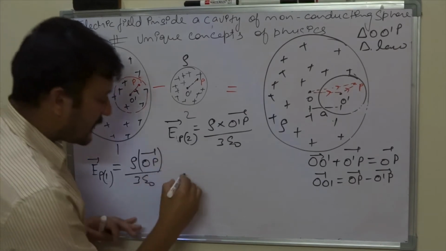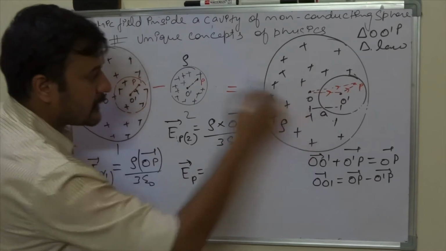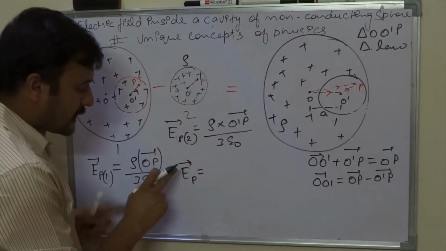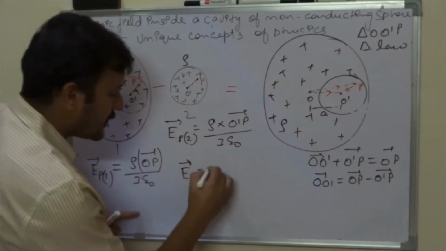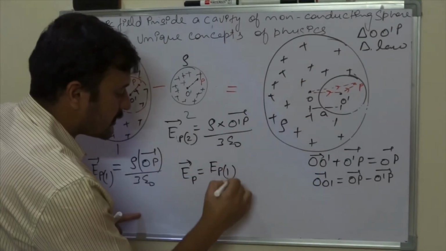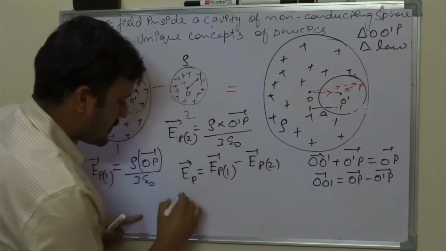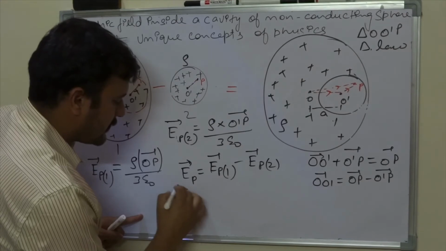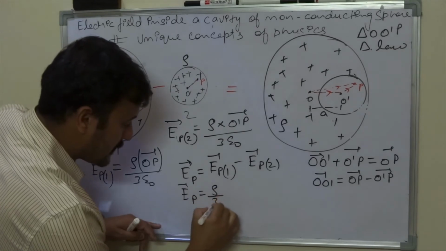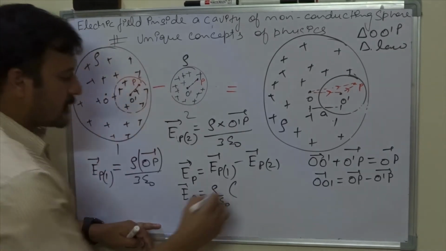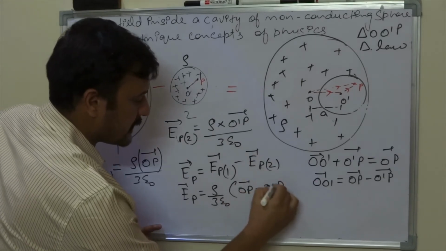So the resultant electric field at P due to this sphere will be the electric field at P due to 1 minus the electric field at P due to 2. So the electric field at P due to 1 will be rho by 3 epsilon naught, I am taking that common, and OP minus O'P.